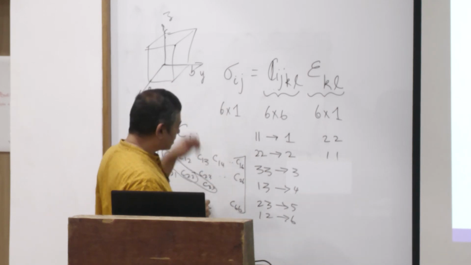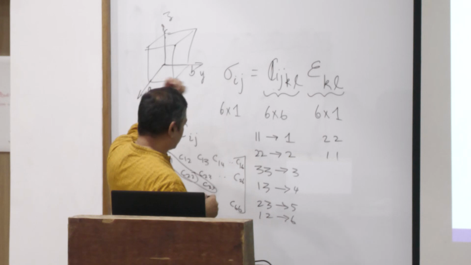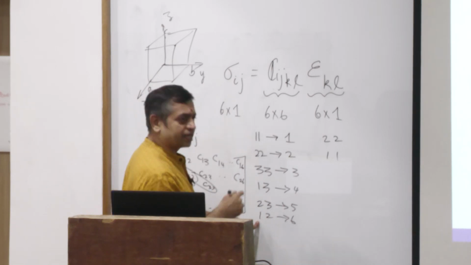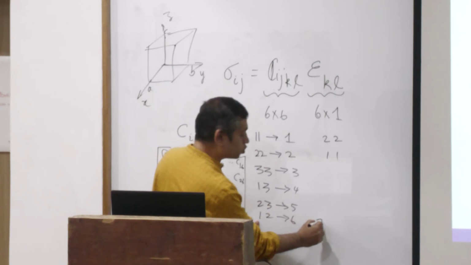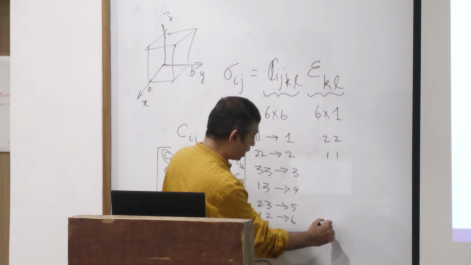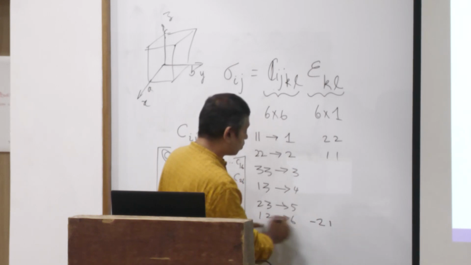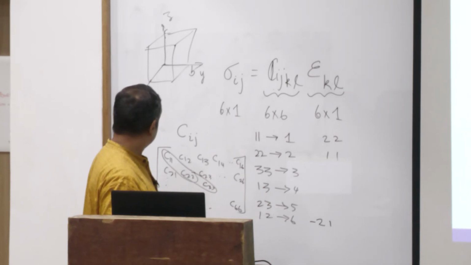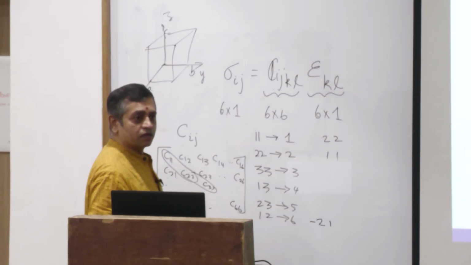Now, consider something like this rotation, 1 2. I do not know which one it makes 0, I think this one let us take. Now 1 went to 2, 2 went to 1, minus 1. So 1 2 should be minus 2 1.